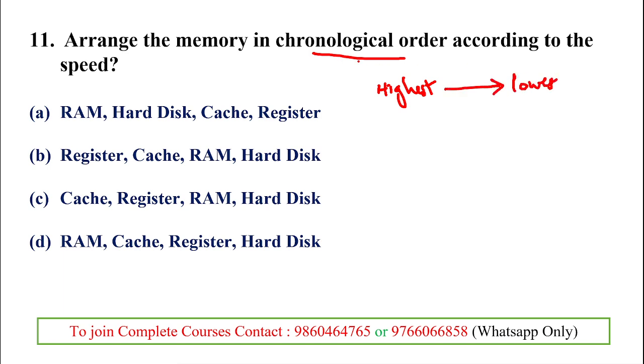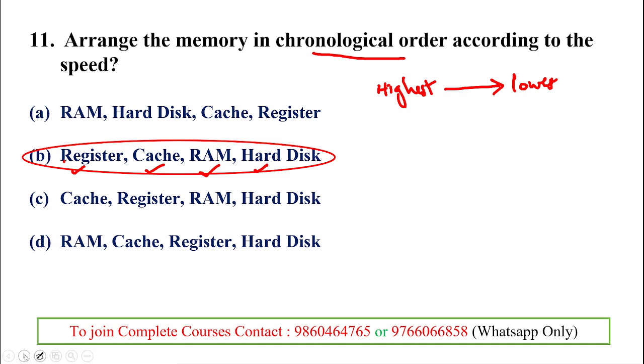The highest speed memory is the register in a CPU, then cache and RAM, and last the hard disk. So the ordering register, cache, RAM is the correct ordering of the primary memories. You must remember this ordering. You can definitely get a question related to this memory part.